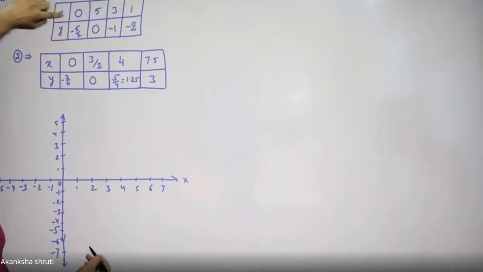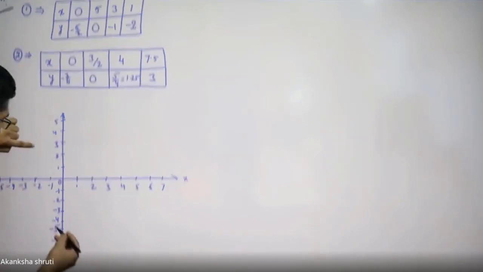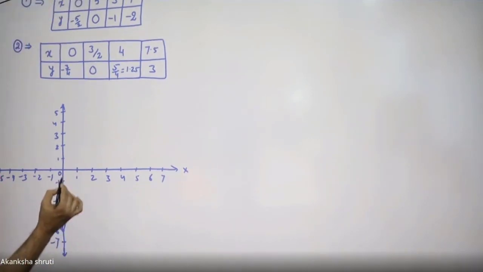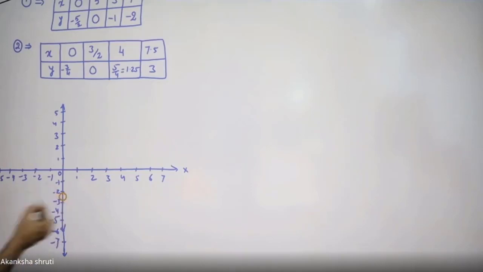This simply means x is 0, it lies on the y-axis, but where y value should be minus 5 by 2, means minus 2.5. So we need to plot it. X is 0, y is minus 2.5. This is the point.